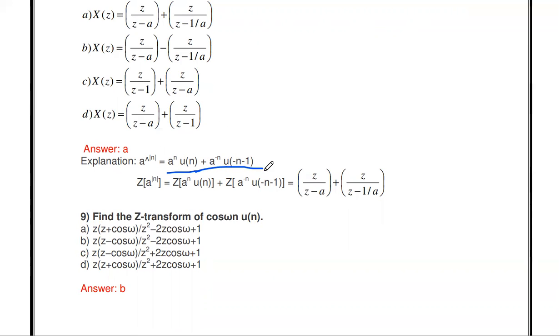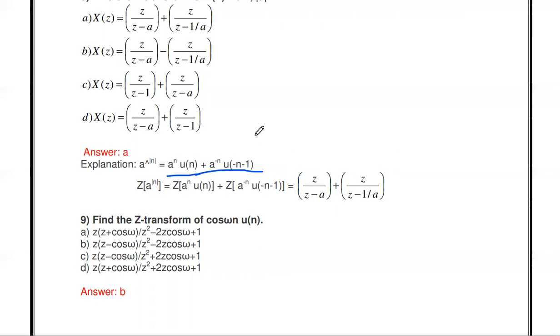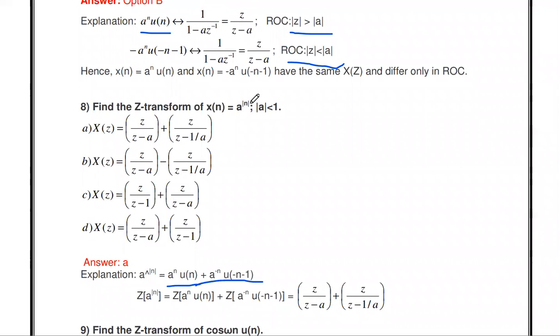If we take the Z transform of these two signals, we get the answer: the Z transform of the first, a power n u of n, is z by z minus a, and a power minus n u of minus n minus 1 is z by z minus 1 by a. So this is the answer for our total problem, a power modulus n.